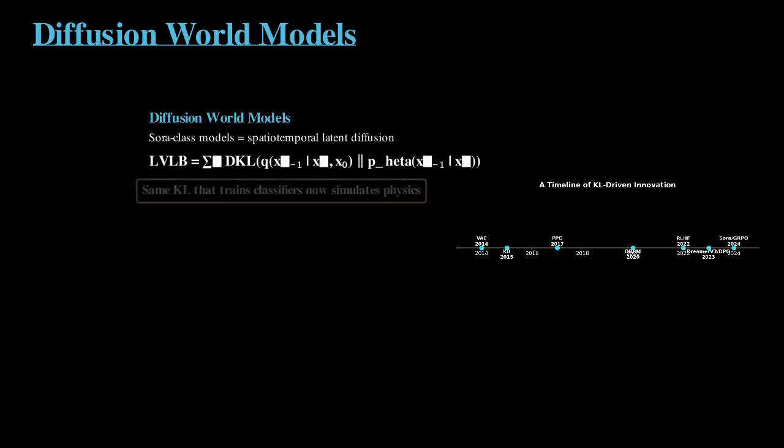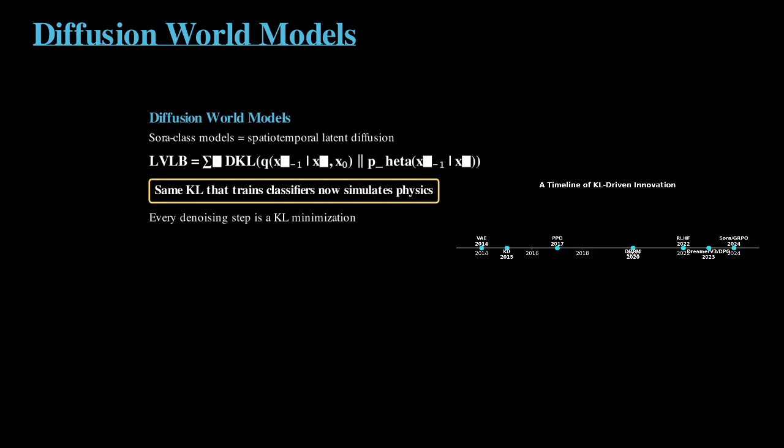This principle extends directly to the 2024 wave of generative video models, like the Sora class systems. These are effectively world models trained on vast internet video. At their heart, they are diffusion models operating on spatio-temporal latents. The training objective for a denoising diffusion probabilistic model, the DDPM, is a variational lower bound, or VLB.